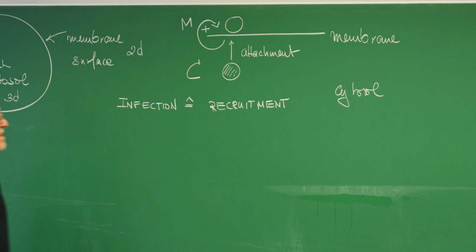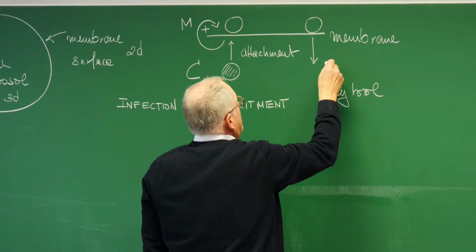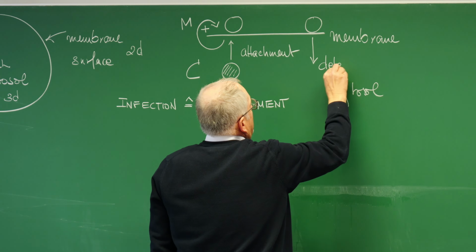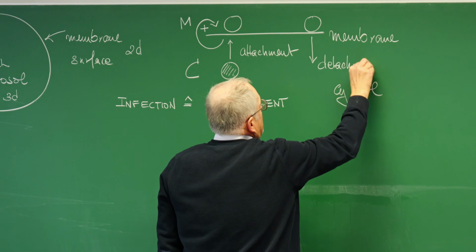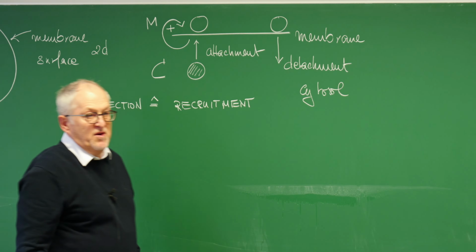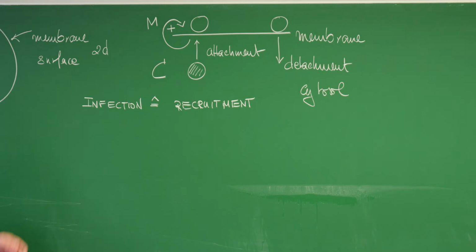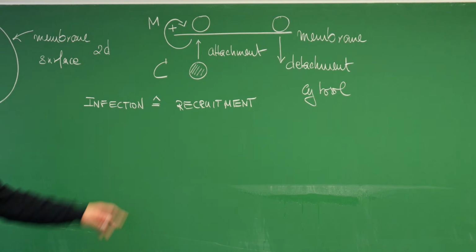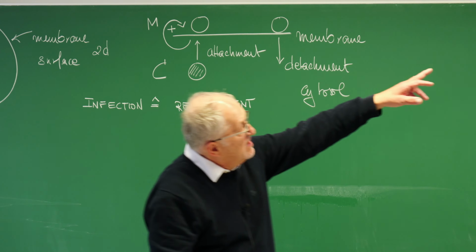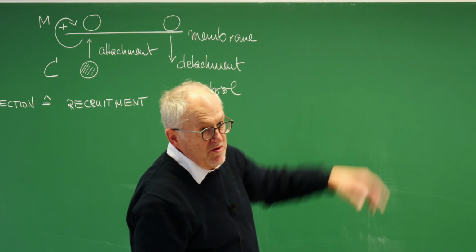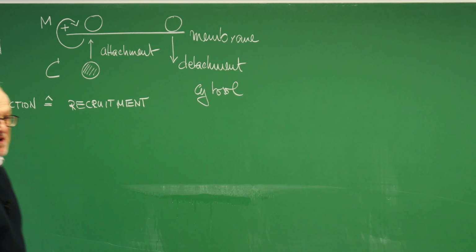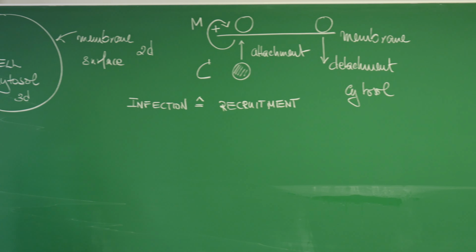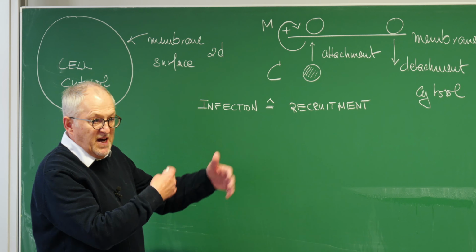When these proteins are on the membrane, they can also detach. Right? They just unbind from the membrane, go back in the cytosol, and live there. This corresponds in the scheme that I have there to the recovery of the sick individual. So you have a similar type of dynamics.